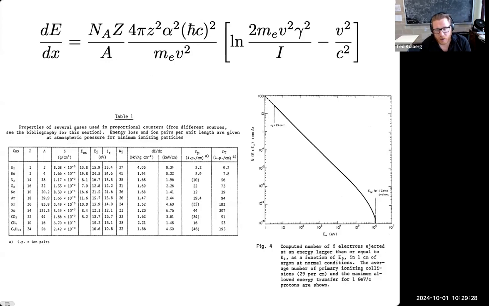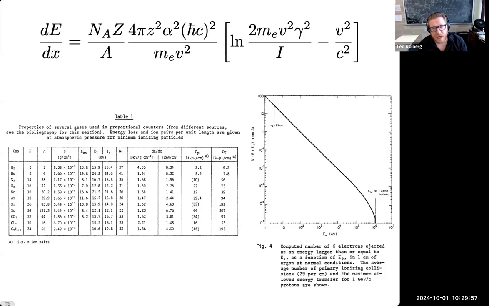For gases that are interesting to use in multi-wire proportional chambers at pressures close to atmospheric pressure, so we're not talking about super overpressurized things like the bubble chamber, the dE/dx in keV per centimeter, which you can see in this column of the table here, is typically in the range of 1 to 10 keV per centimeter.